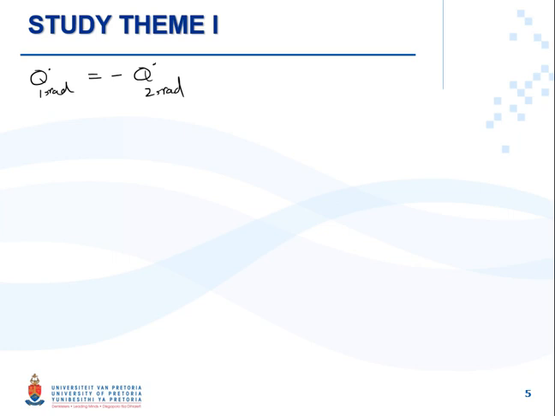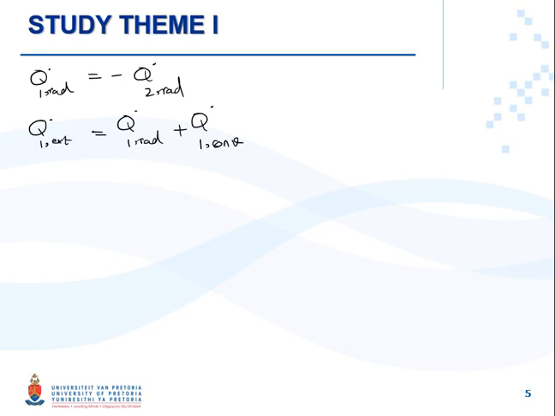From the energy balance for surface 1 we have q dot 1 ext is equal to q dot 1 radiation plus q dot 1 convection.